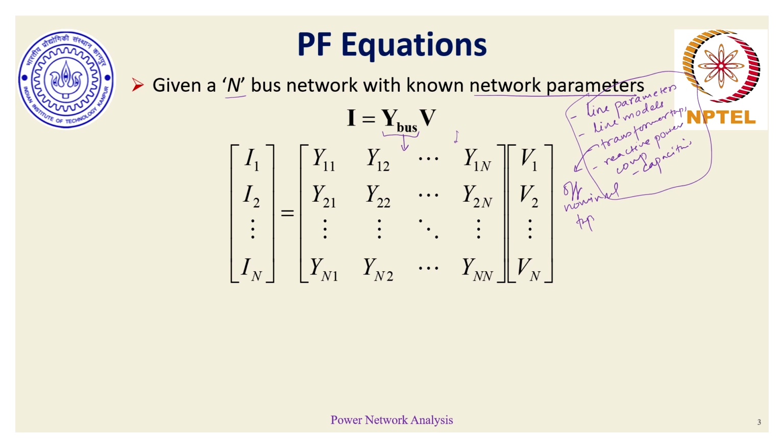And this Y-bus, as discussed, correlates all n-bus current injections in terms of the n voltage phasors measured with respect to a reference node, and this reference node does not exist in the Y-bus evaluation that we have seen earlier.